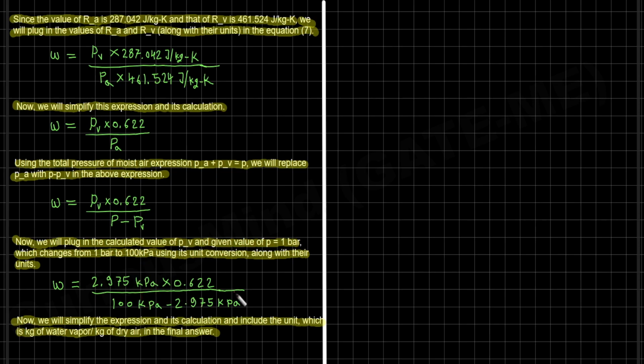And then we will include the unit of specific humidity, which is kg of water vapor per kg of dry air, because we know that the specific humidity is the ratio of water vapor mass and dry air mass.